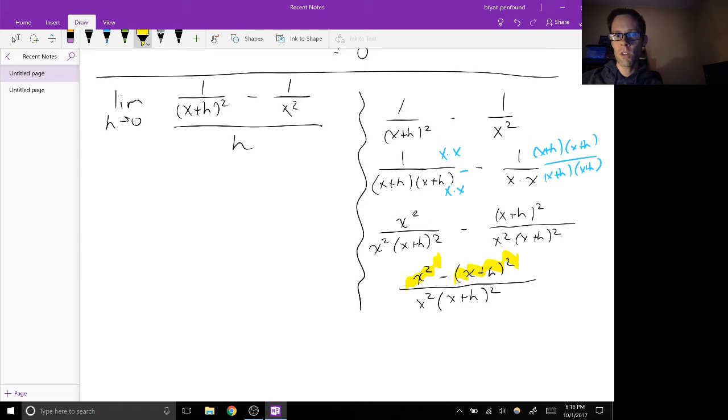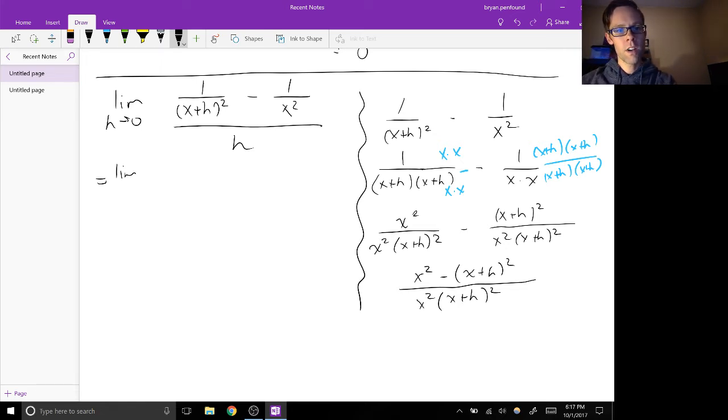I can factor out that h and try to cancel off the h that's inside our denominator. So once again, I'm going to leave this particular denominator, x squared times x plus h squared, intact, but I'm going to expand out the numerator.